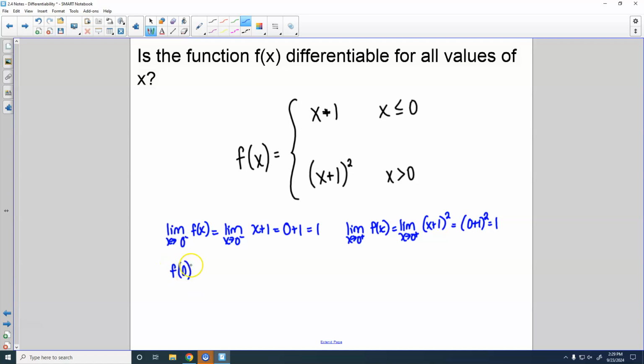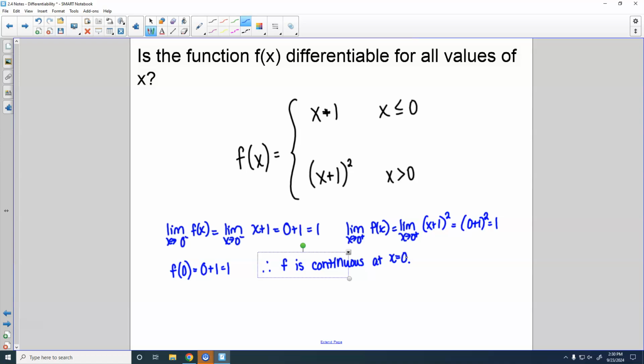I already know it's just 0 plus 1, right? You're just using that top function. You just get 1 again, but you got to write it down. Therefore, f is continuous at x equals 0, and thus continuous everywhere on its domain.